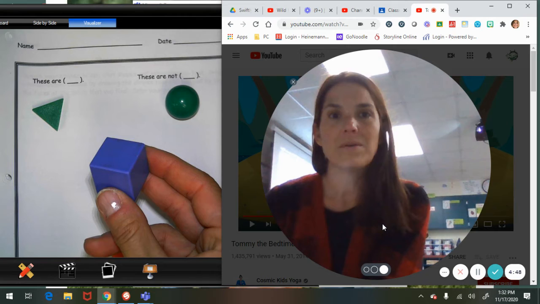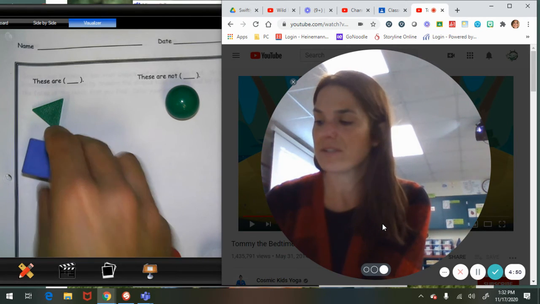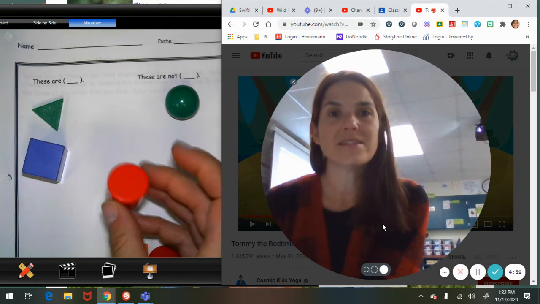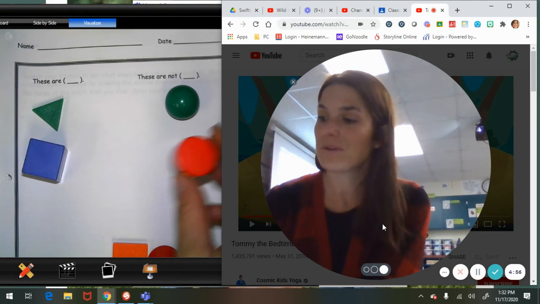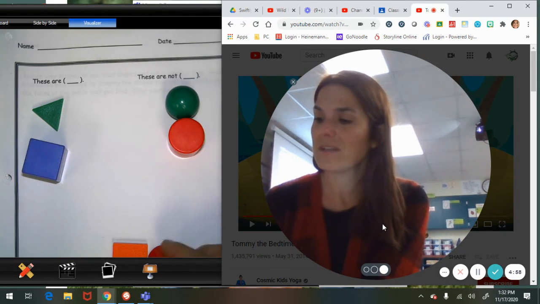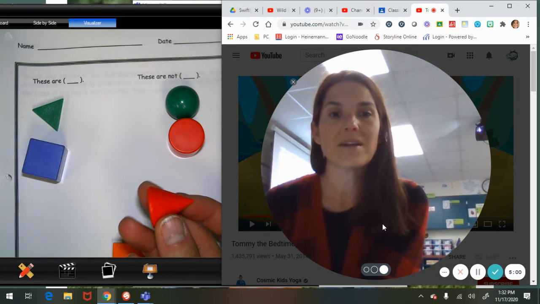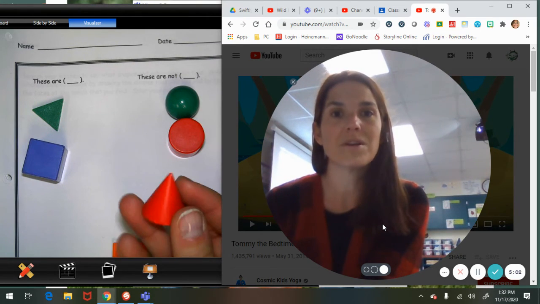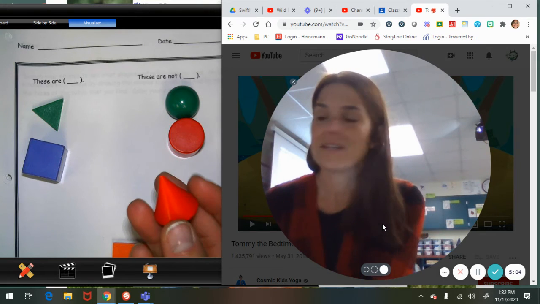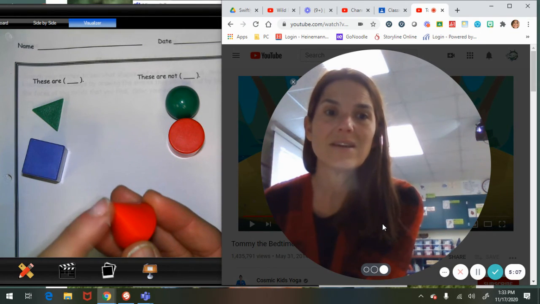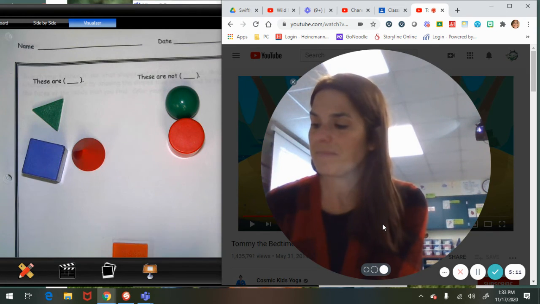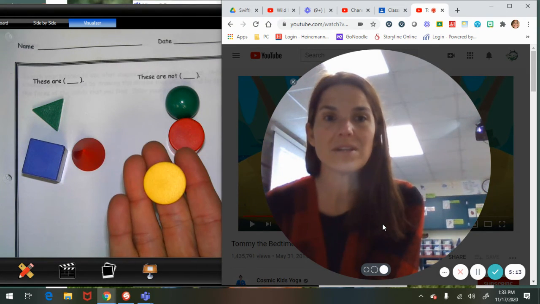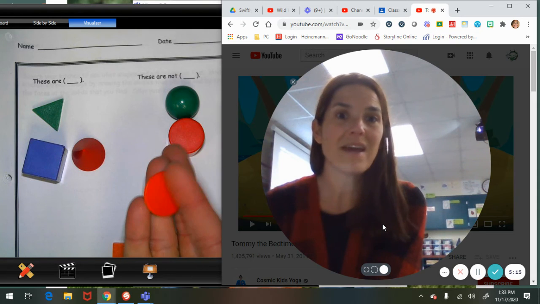The cube, it has corners. The cylinder, it doesn't have any corners. The cone. Does it have a corner where two ends meet? It does right there, doesn't it? One corner. So it will go over here with the other corners. What about the circle? The circle doesn't have any corners.